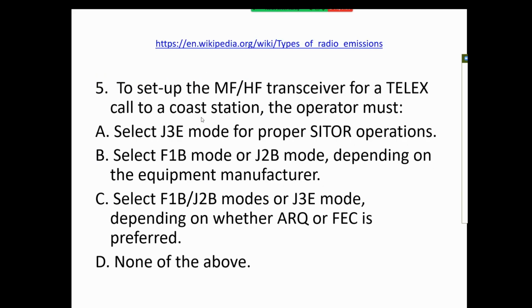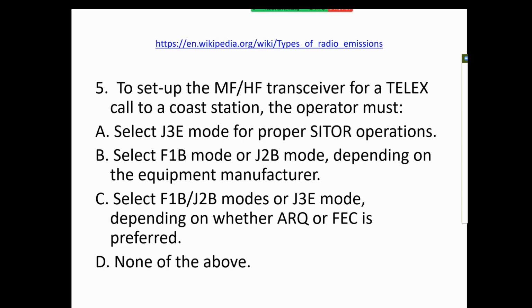All right, let's see what we have here. To set up an MF/HF transceiver for a telex call to a coast station. So before it was a voice call to a coast station. So now what mode are you going to select?